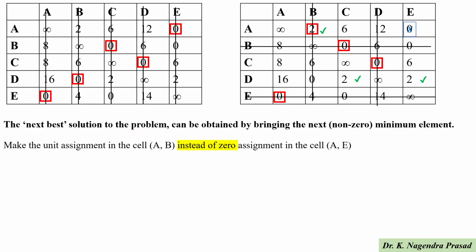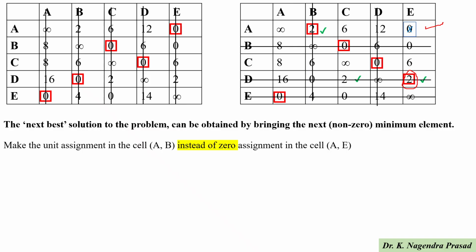The fourth column was already removed in row scanning. In the fifth column, 0 is there, but we are not considering this as the assignment. Instead of this, we select the 2 as the assignment, so I mark a square and draw a horizontal line.